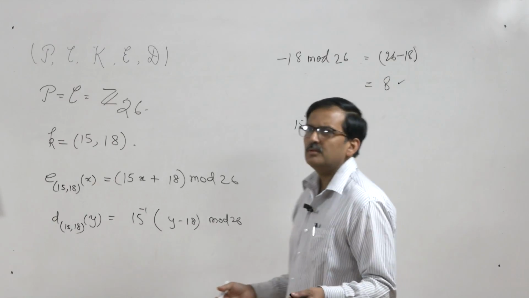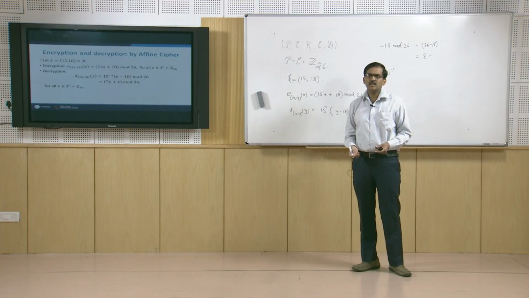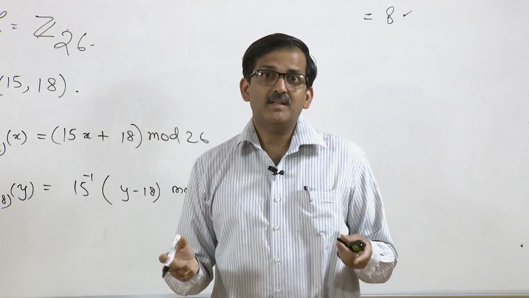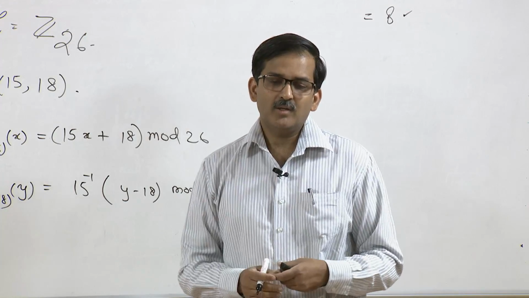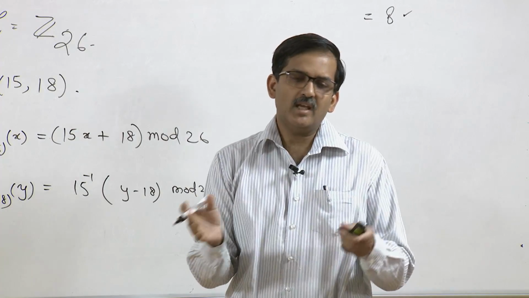Now we have also seen in the last lecture on modular arithmetic how to calculate the inverse of an element in Z sub m, and that is possible only if that element is co-prime to m, that is, its GCD with m is 1.